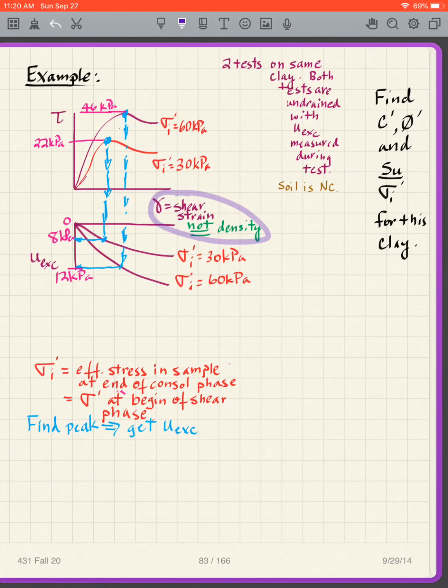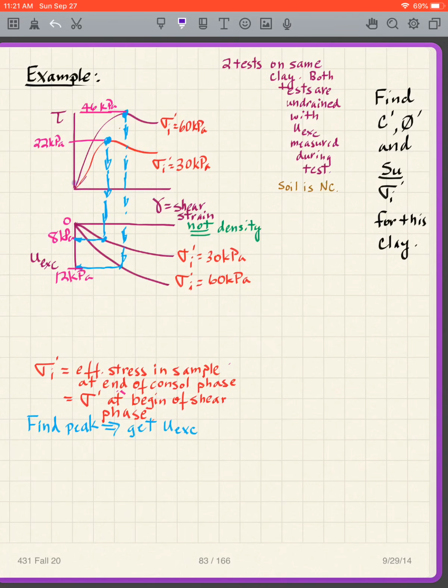Again, I have shear strain, it's not density. And what we find is that I look for the peak basically here, and I find the u excess that goes with that peak. It's there. So the 22 and 8, those 3 numbers, the 22, 8, and 30, all go together because that's one test.